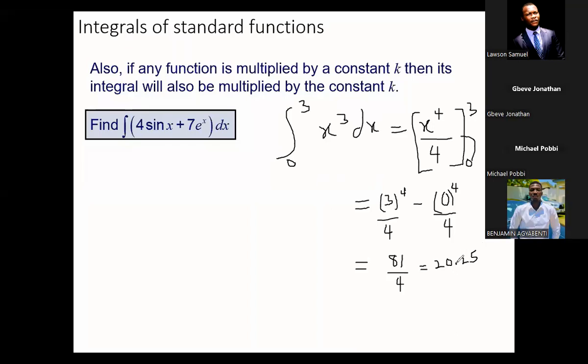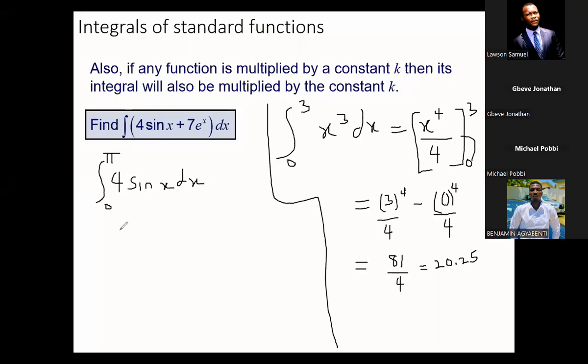Now let's try one more example. So assuming I ask you to integrate the integral of 4 sine x from 0 to pi with respect to dx.